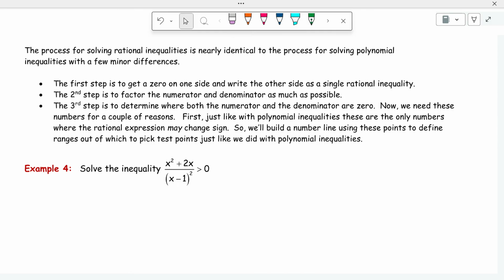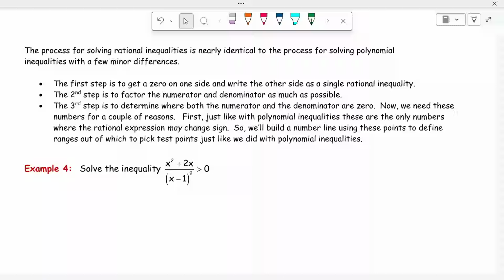So that means with your rational functions, you have to solve the top and you have to solve the bottom, okay? Because the bottom, that vertical asymptote potential, is another point where it could change from positive to negative. These 3 little bullets talk about what I just said, to remind you.